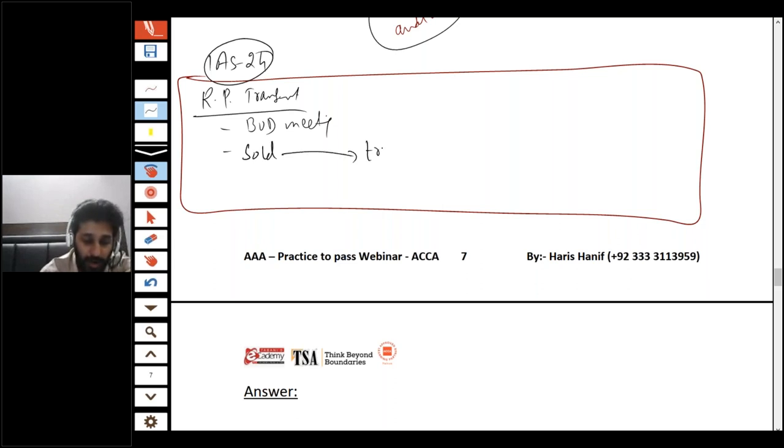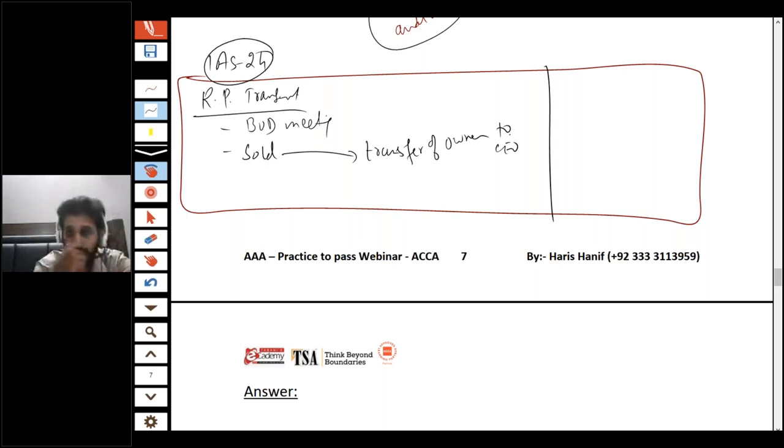Now the transfer of ownership to the CEO, the amount is outstanding. So don't worry about the amount. If not by amount, then by nature it is material, right? So the amount is $50,000, that is still outstanding.